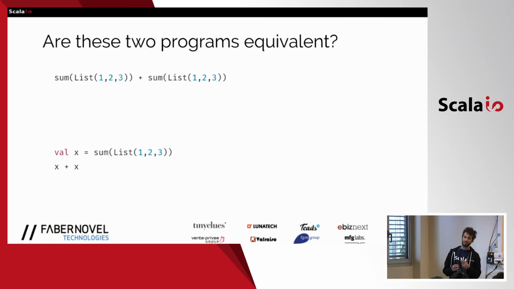Is this going to change if I just swap the definition out for its name, right? So here I have the name x, and in a referentially transparent program, I should be able to swap out every x that ever occurs for its definition, right? So this is what we talk about when we talk about equational reasoning, right?